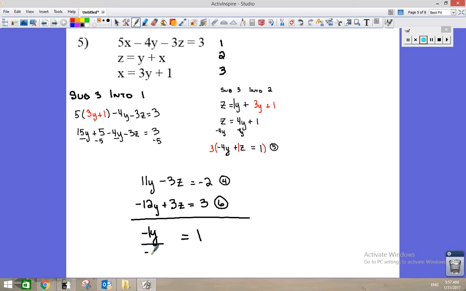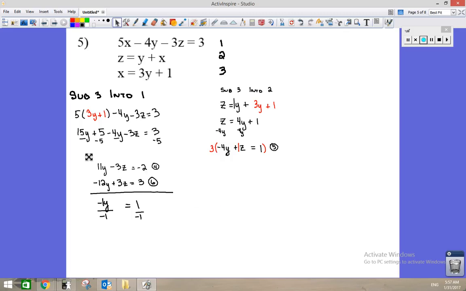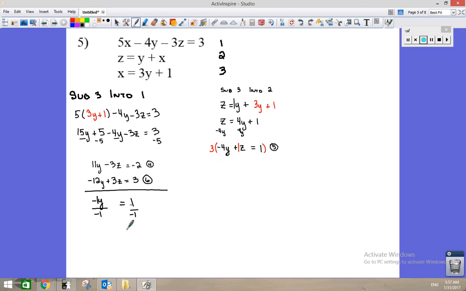So if I divide or multiply each side by a negative 1, then I have y. I have that y is equal to negative 1. Now remember, I didn't write this up here, that we're trying to figure out what x, y, and z equal, and we have just figured out that the y variable is equal to negative 1.